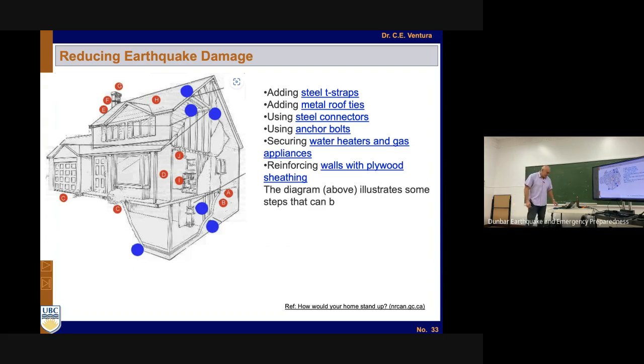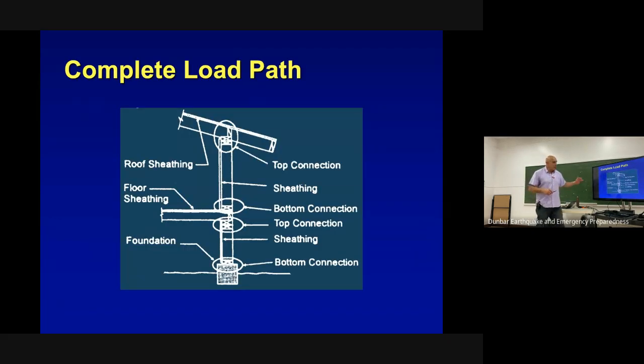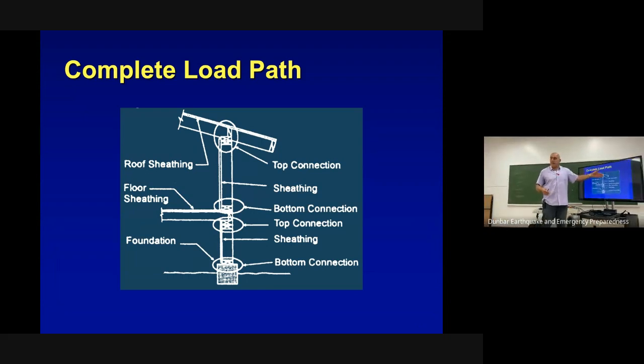Sometimes it is. So this is really the concept of what I call the load path. The load path is how you visualize the forces going from the roof all the way to the foundation. Although the ground shaking is the one moving, because of Newton's law, the inertia forces are going to be generated in the construction.